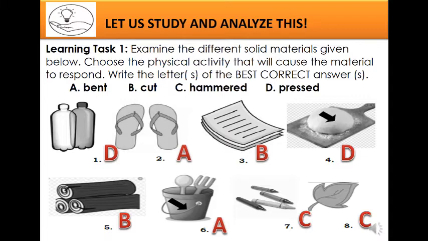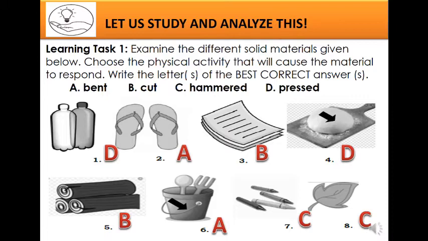Then paper can be cut. Then letter D, yung dough, pwedeng i-press. Then letter B, yung log, pwedeng i-cut. Then yung letter A, yung number 6, yung hawakan ng balde. So pwede yun i-bend.